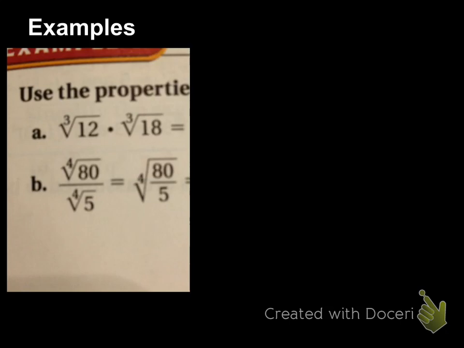All right, well, I could try and simplify cube root of 12 first. I won't be able to. Cube root of 18, I won't be able to simplify that either. But I think using that first property, I can rewrite this as the cube root of 12 times 18. Then the question becomes, how do I simplify it from here?